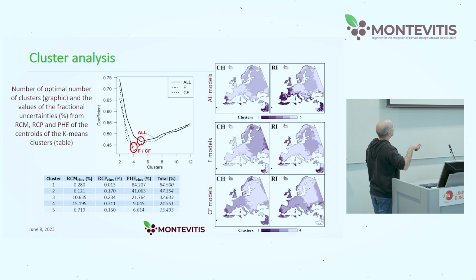Considering only the forcing models or the chilling forcing models, these differences changed because, for example, the highest ones for the forcing models were in the eastern part, while for the chilling forcing models they were in the western parts.